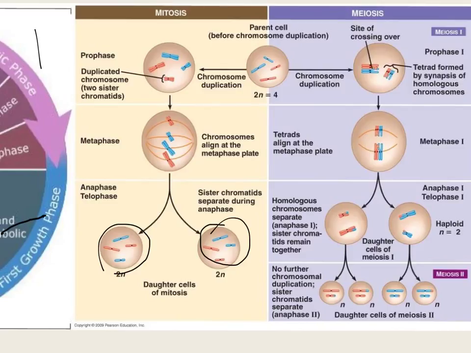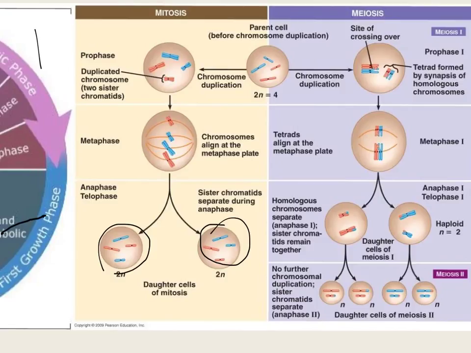Now in meiosis 1, similar things happen, but you actually have not only chromosome duplication, but a tetrad of two homologous chromosomes are formed at a synapsis. Now, each one of these individual chromosomes for the tetrad is going to end up as a single gamete.